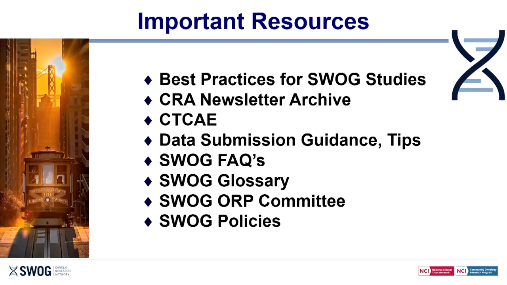Best practices for SWOG studies: highly recommend you check that out if you're not aware that it's there. It'll give you guidance for things that aren't clearly outlined in a protocol. We have the CRA newsletter archive, CTCAE, data submission guidance and tips, and then frequently asked questions, the SWOG glossary, specifics about the ORP committee within SWOG, and SWOG policies.